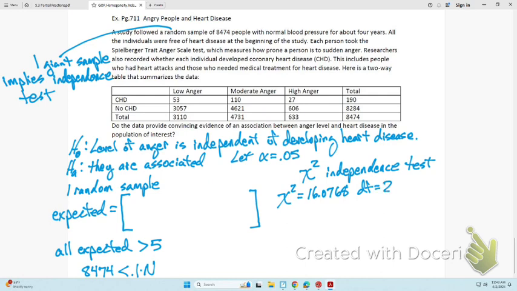Remember, it's rows minus 1 times columns minus 1, so that ended up being 1 times 2. The p-value is super small, 3 zeros and a 3. It is less than alpha. That's going to cause us to reject H0. Evidence suggests something.